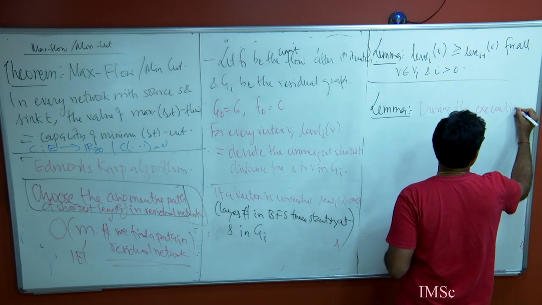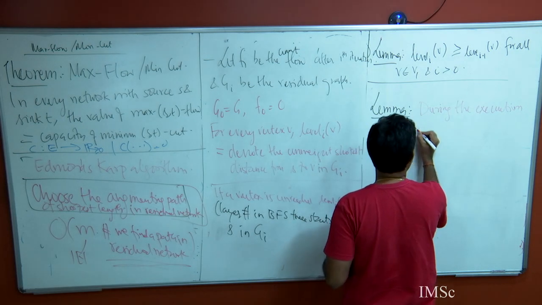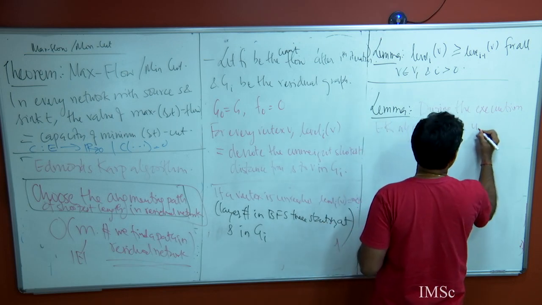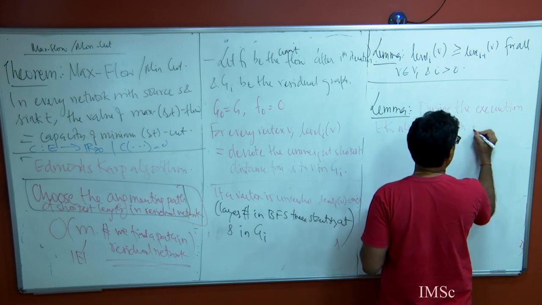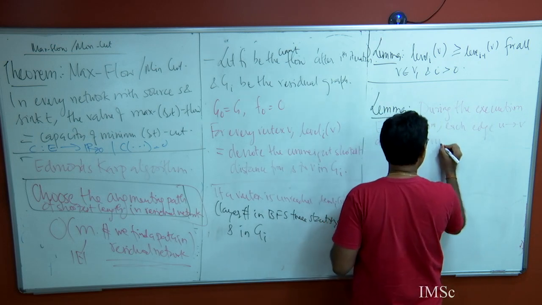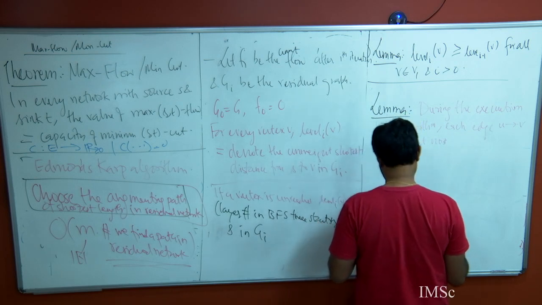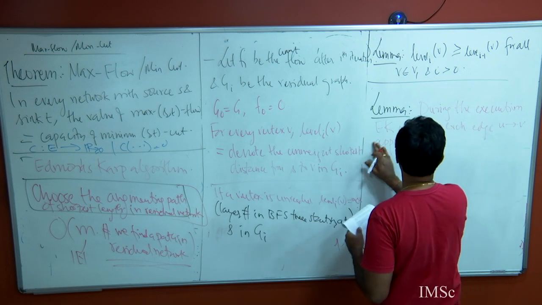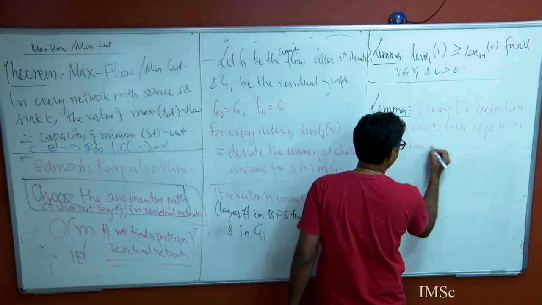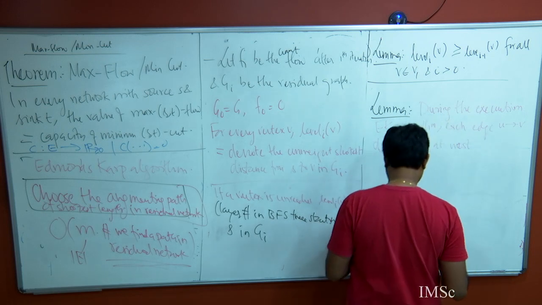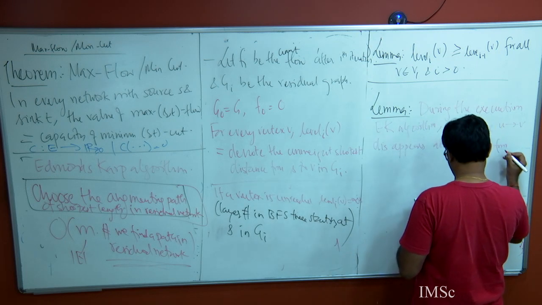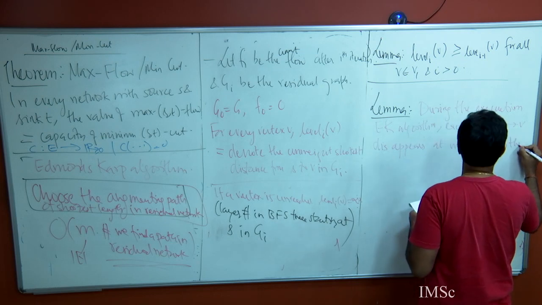During the execution of the Edmonds-Karp algorithm, each edge uv disappears at most n by 2 times from the residual graph.